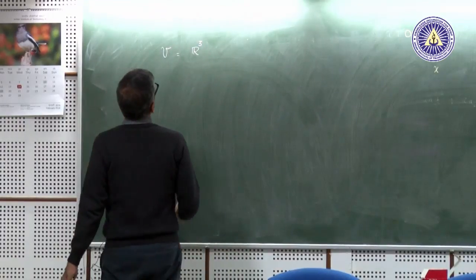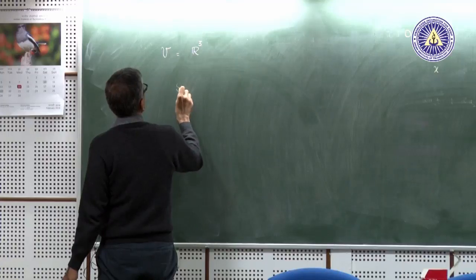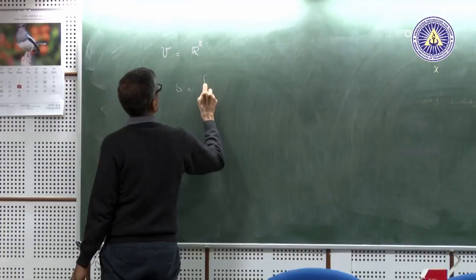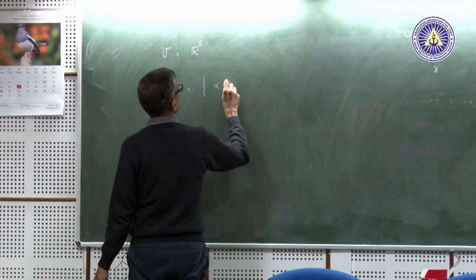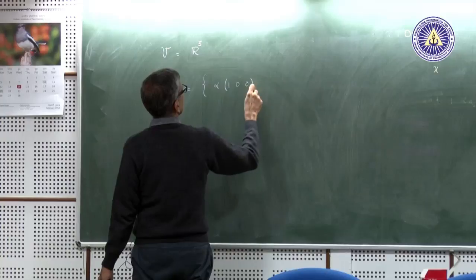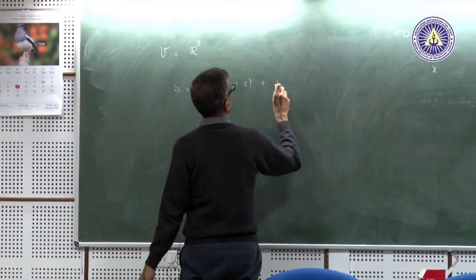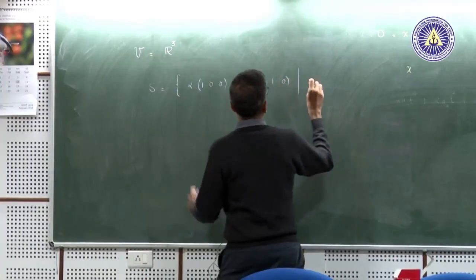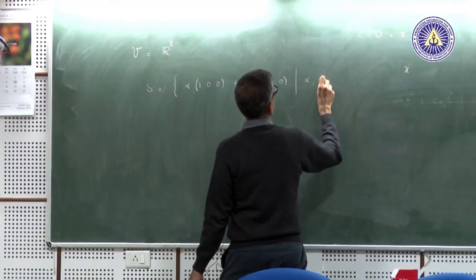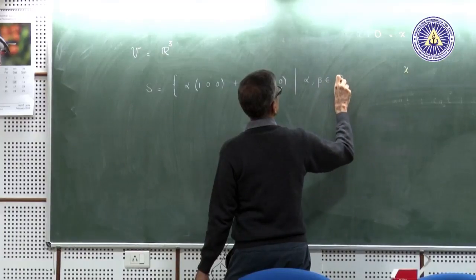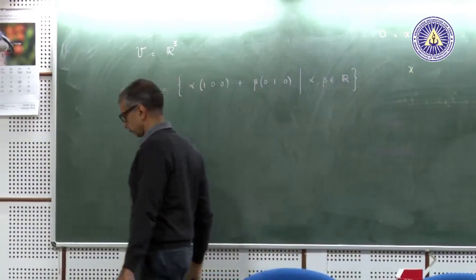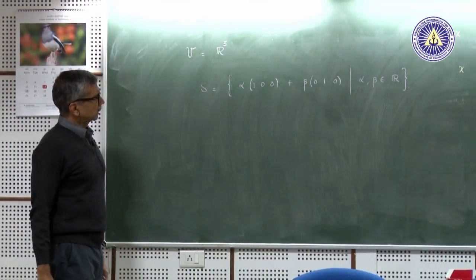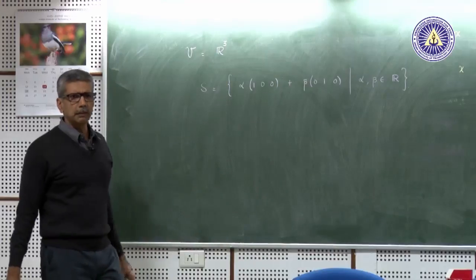Now, let me consider the following set. That is all possible combinations of these vectors, since alpha and beta are real.